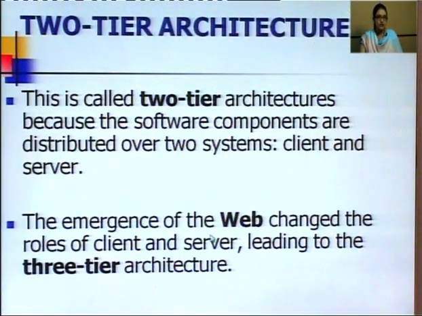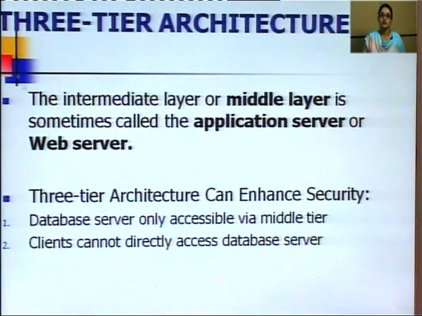The emergence of the web changed the role of client and server, leading to the three-tier architecture. In the two-tier architecture, we use only two parties, client and server, but with the development of the internet or the web, we came to provide three-tier architecture, which has an intermediate or middle layer, sometimes known as application server or web server.